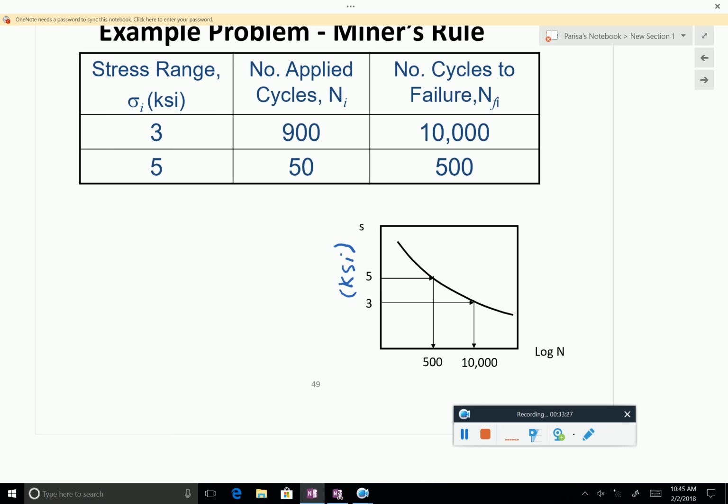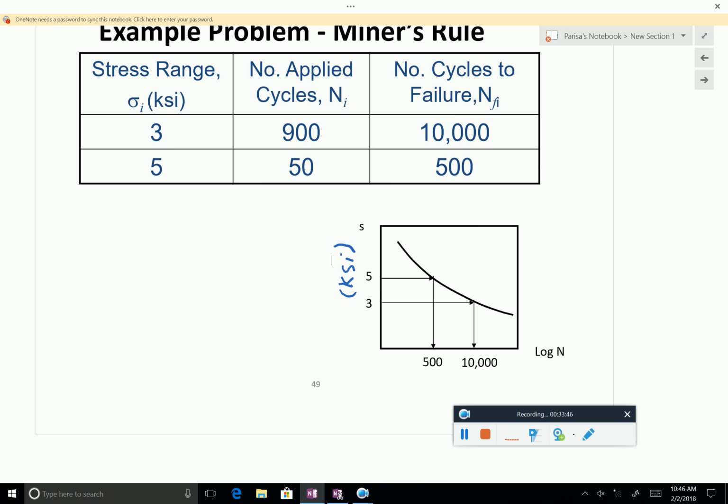At 5 KSI we have 50. And looking at the curve, at 3 KSI the fatigue life is 10,000. At 5 KSI it is 500. So the question is, would this material fail or not?